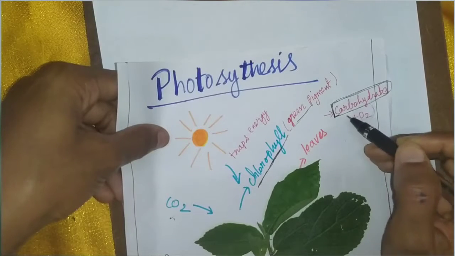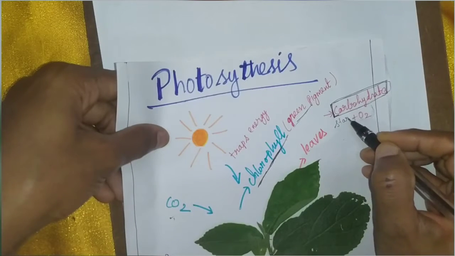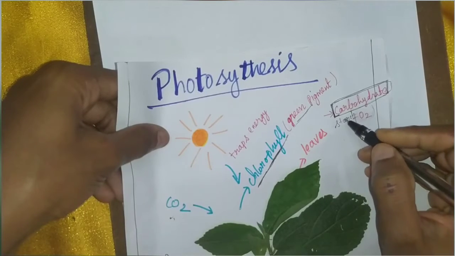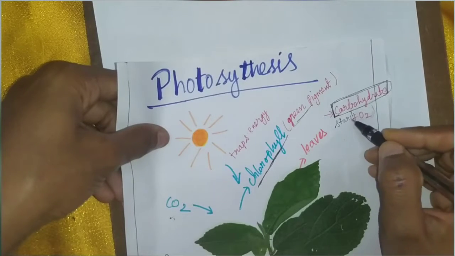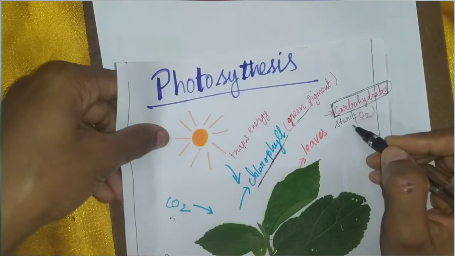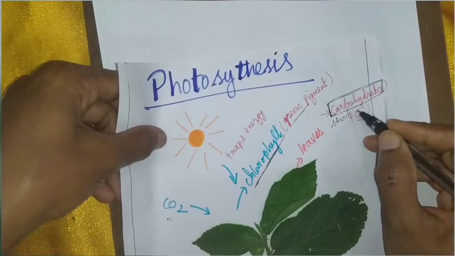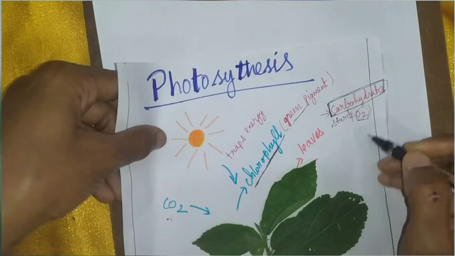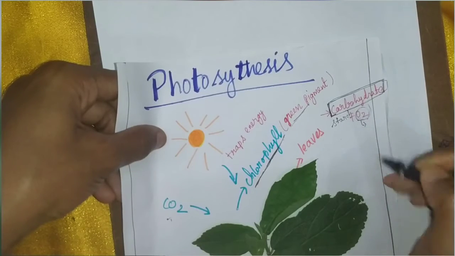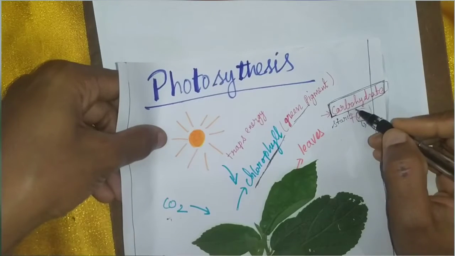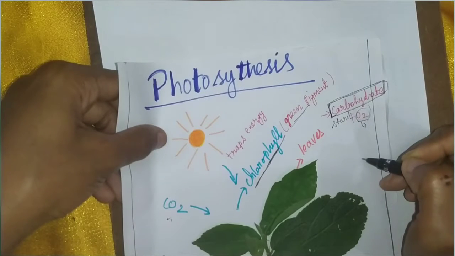When it is not used, it is stored as starch, and it uses starch whenever it is needed. Starch is nothing but stored food in the plants. During photosynthesis, oxygen is also released. So what are the end products of the photosynthesis process? That is carbohydrate and oxygen.